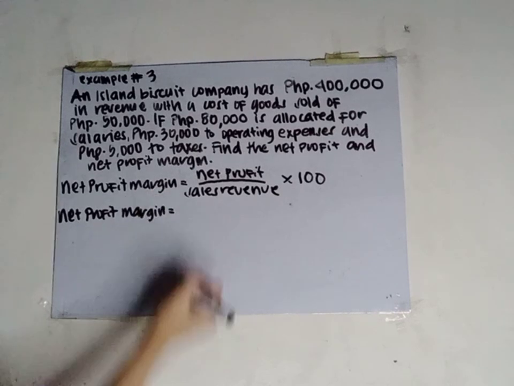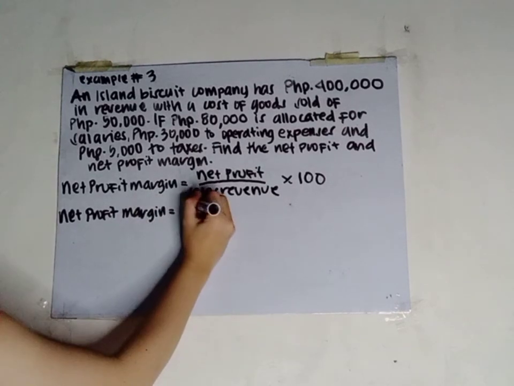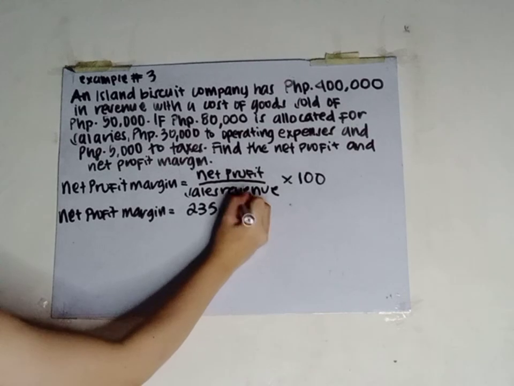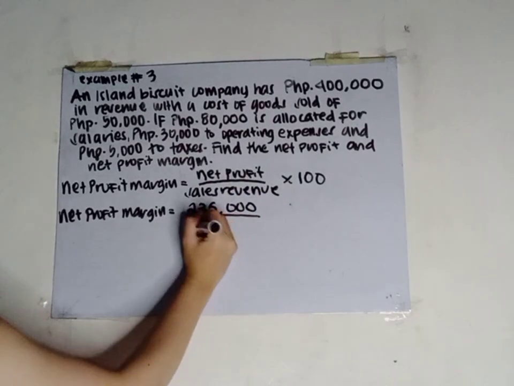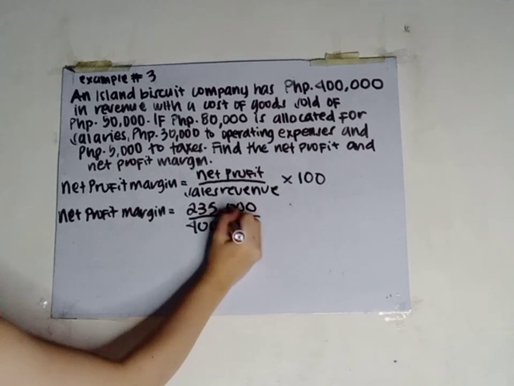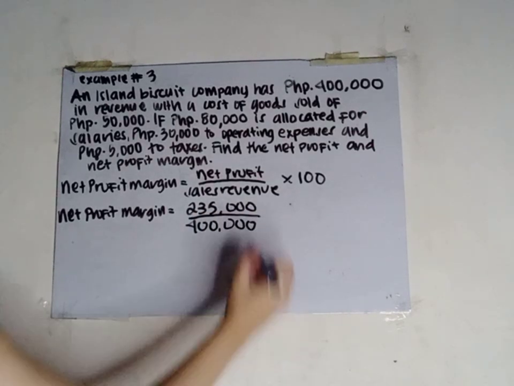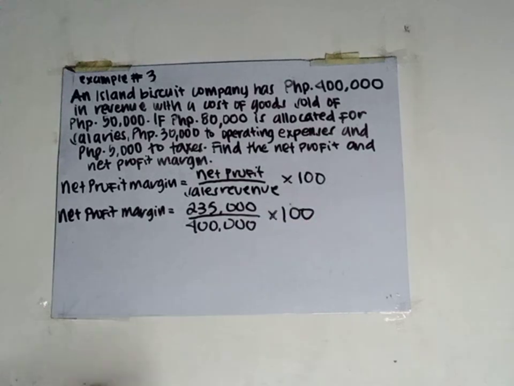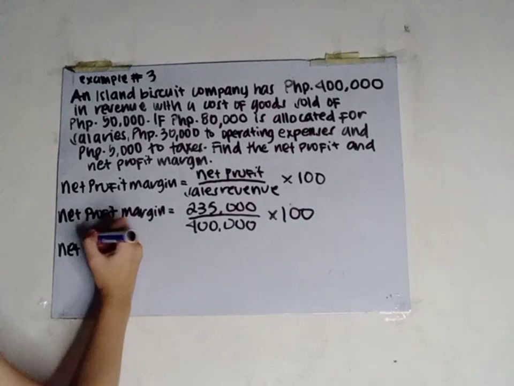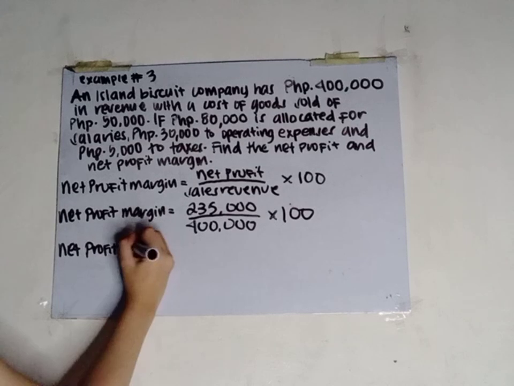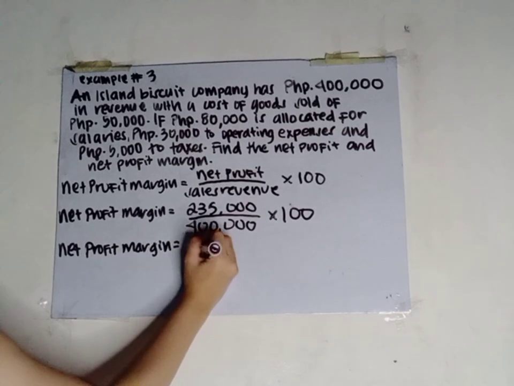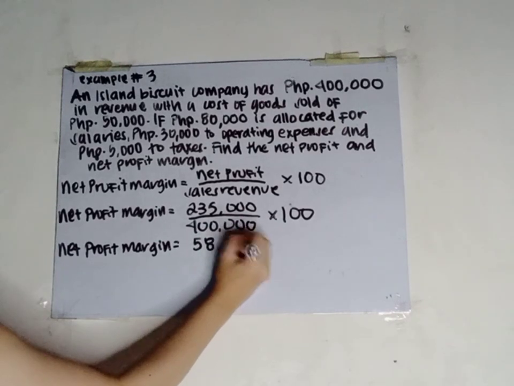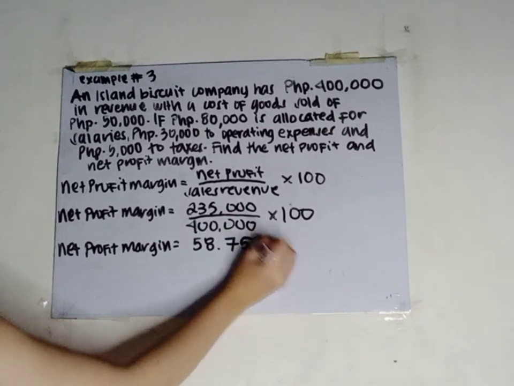Net profit margin equals 235,000 pesos divided by 400,000 pesos times 100. So 235,000 pesos divided by 400,000 pesos times 100 equals 58.75%.